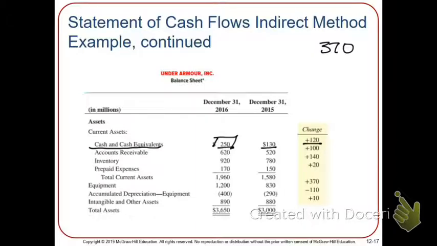So my first one is actually going to be accounts receivable. Accounts receivable changed. It went up, that's what that plus means. It went from 520 to 620. So if accounts receivable went up by 100, what are we going to do?